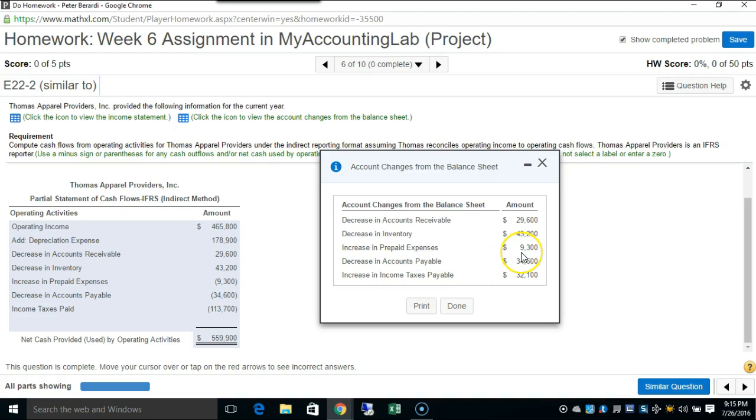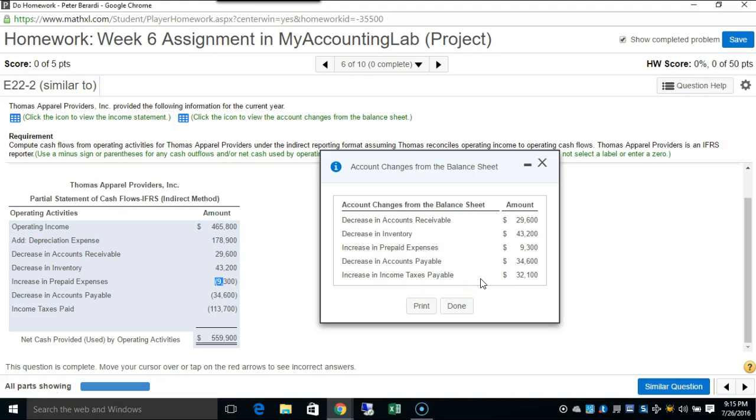Now, prepaid expenses increased. So to increase prepaid expenses on our T account, we would debit prepaid expenses. Therefore, pretend you have to credit working capital. And there it is, a negative to your working capital or your operating income.